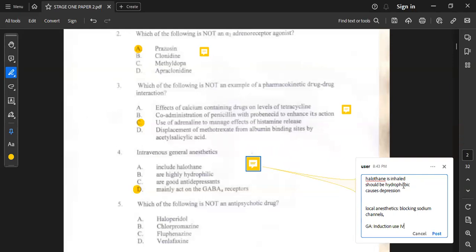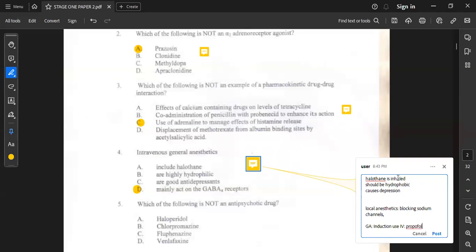Then we maintain with inhalational agents such as halothane, nitrous oxide, sevoflurane, and the rest. But remember that some of the features in all these, some will have disadvantages against the others, because you'll never get a GA agent which has 100% of the qualities you want.